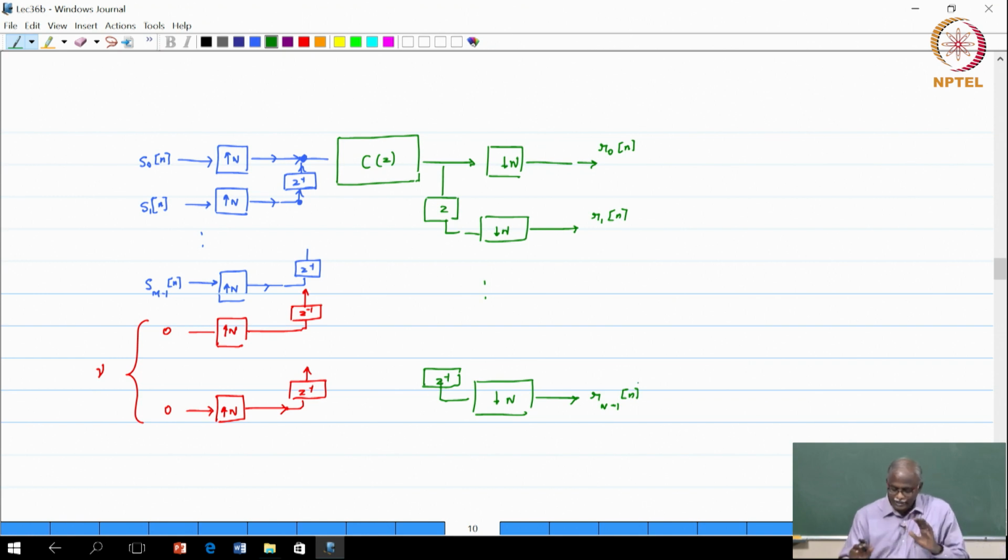So this is the insertion of the redundancy and what came out of it.